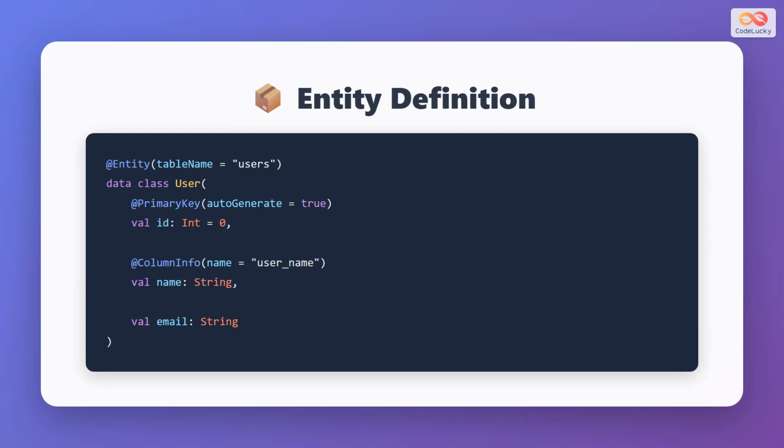The name field uses the @ColumnInfo annotation to specify a custom column name in the database, mapping it to user_name. The email field doesn't need any special annotation and will use its property name as the column name. This simple data class becomes a fully functional database table thanks to Room's annotation processing.